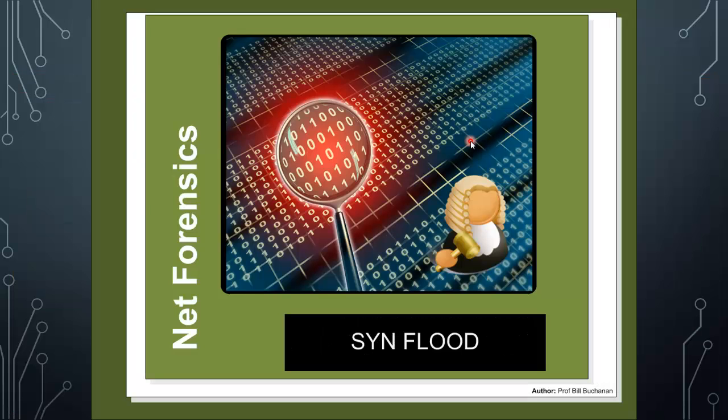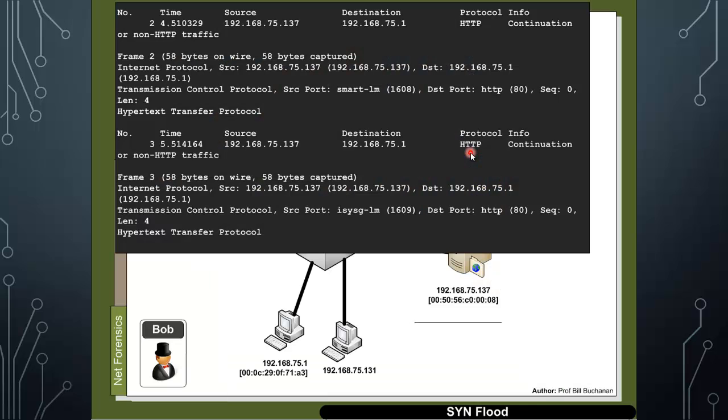Okay, so the SYN flood is often used to evaluate a server to see if it can cope with a denial of service type attack. And with that we often see a flood of these SYNs coming in.